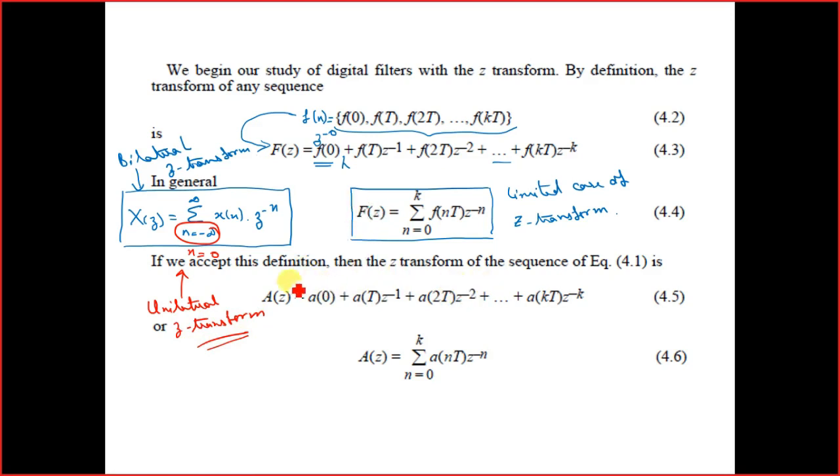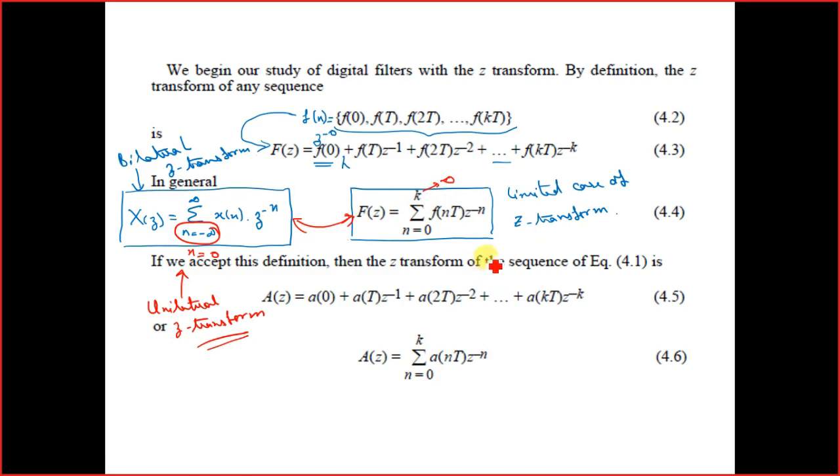Now, if you compare these two equations, you see here your k value is not tending to infinity. We are restricting the values. So while we will be designing the Z transforms, we have a limited number of k values.